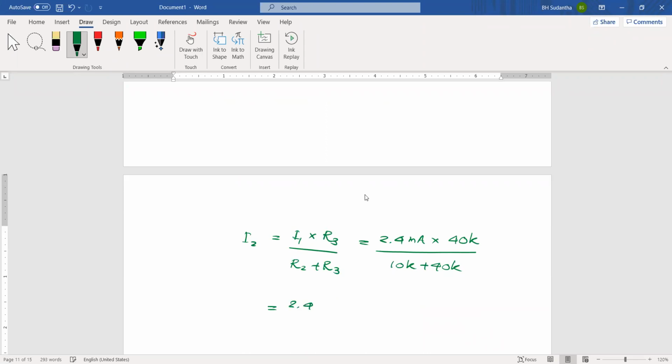Then it's 2.4 into 40 divided by 50 milliamperes. It's 1.92 milliamperes.